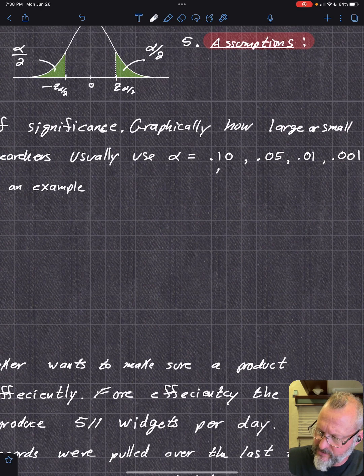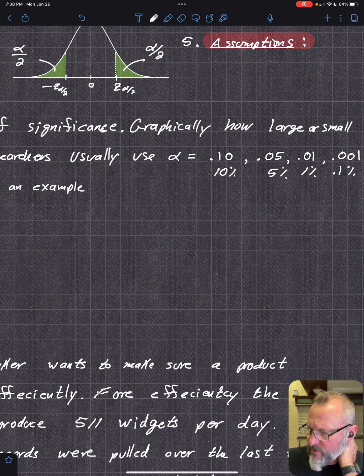So this is 10%. This is 5%. So that'd be like 90%, 95%, 99% chance of it occurring, that type of stuff. This is 1%. This is 0.1%.